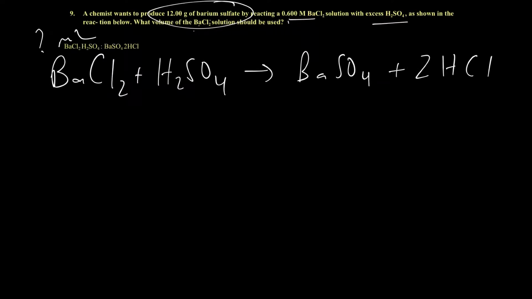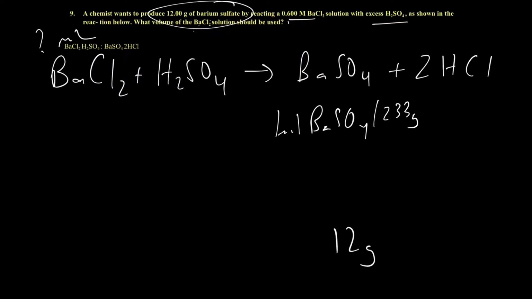So this isn't too bad. We started with 12 grams of barium sulfate, and 1 mole of barium sulfate is 233 grams of BaSO4. To get from here to here, we divide by about 20, probably closer to 19 and a half.